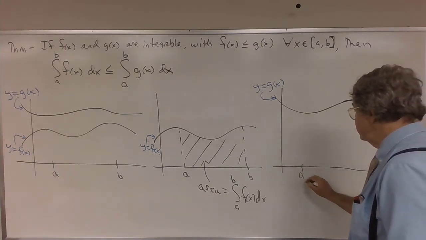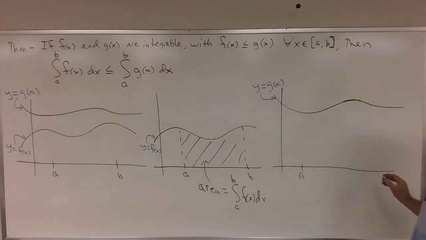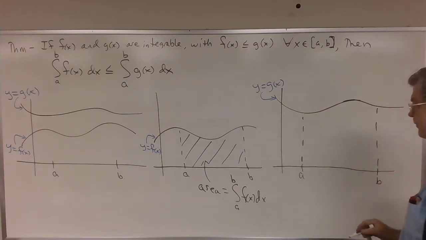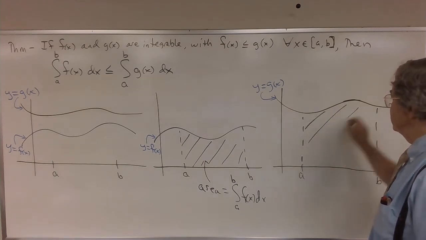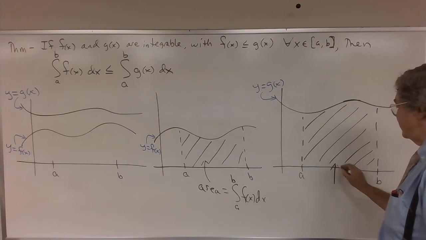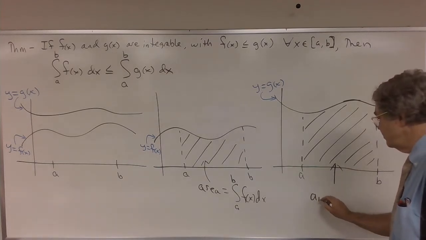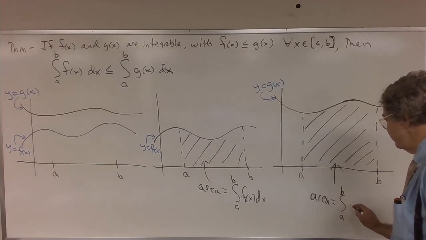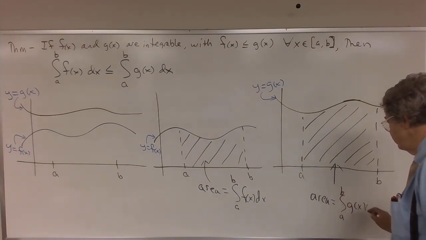Here's A, and here's B. And the area bounded by this graph and the x-axis is the integral from a to b of g of x.